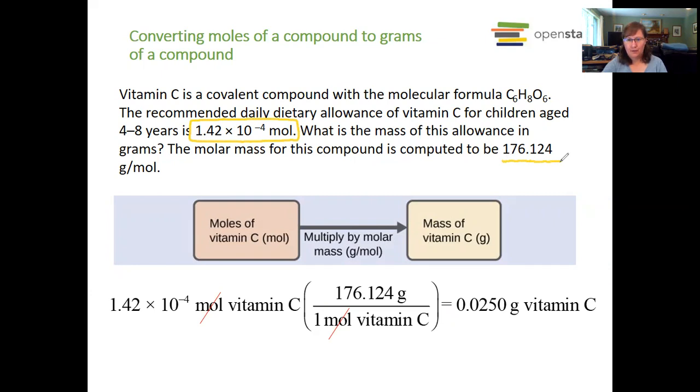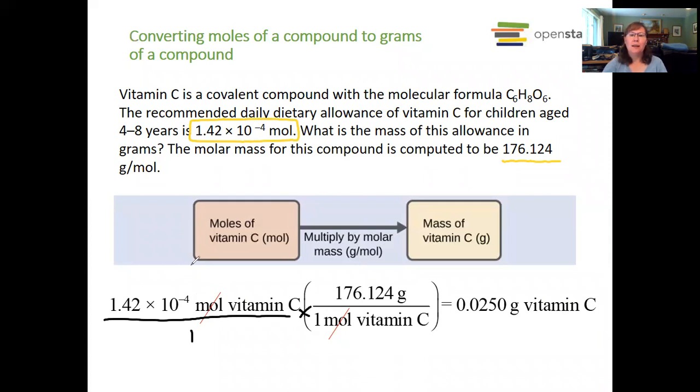You don't have to find it. Now remember, your first step would usually be to find your molar mass. Okay, so when you're going from moles to mass, again, you're just multiplying by that molar mass. And so we'll put this over 1 and times, and it's 1.42 times 10 to the -4th times 176.124 grams.